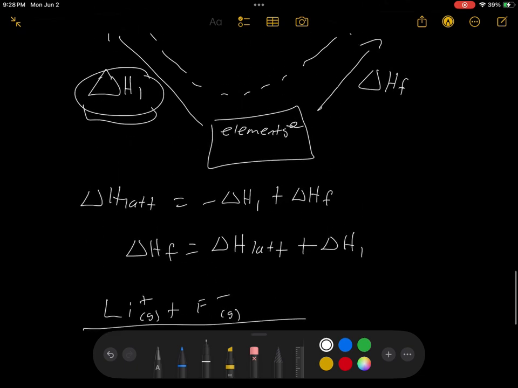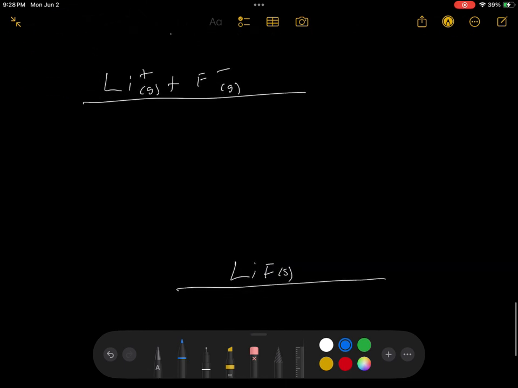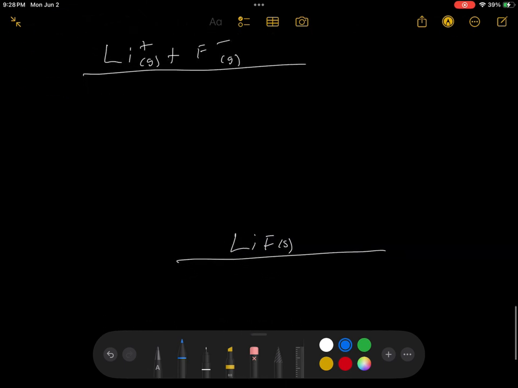So as we know, look at this, right? From our triangle, going from gaseous ions to our ionic compound, aka going from this platform up here to this platform down here, that is our sacred delta H lat, right?